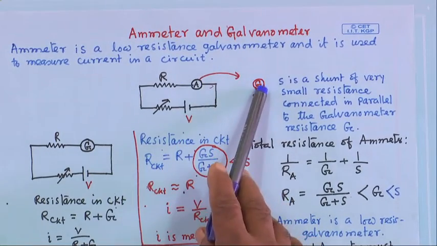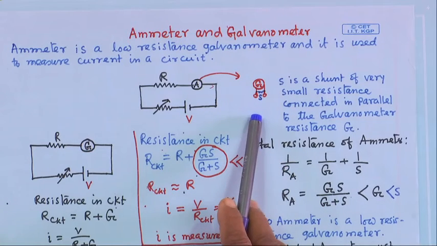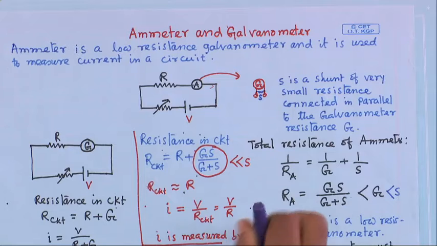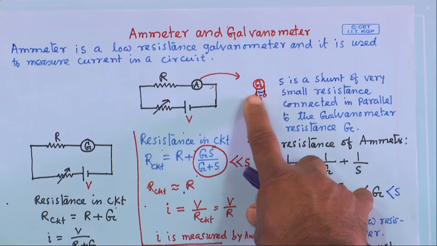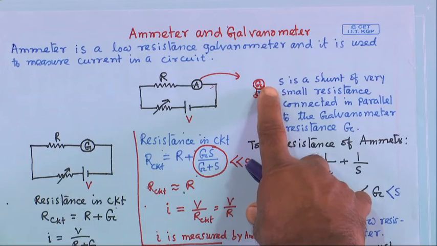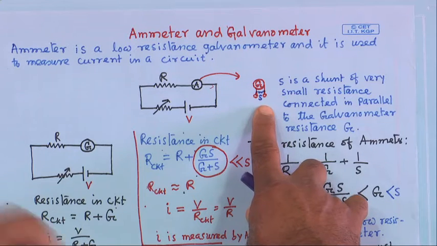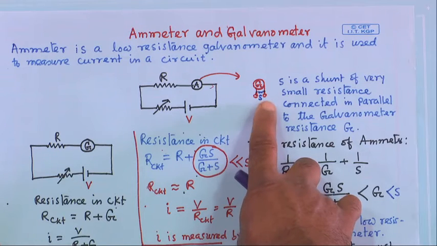So, I have taken here this galvanometer, and this one resistance I have added here, in parallel to the galvanometer. This is called the shunt S, and these are the two external ends of this galvanometer.